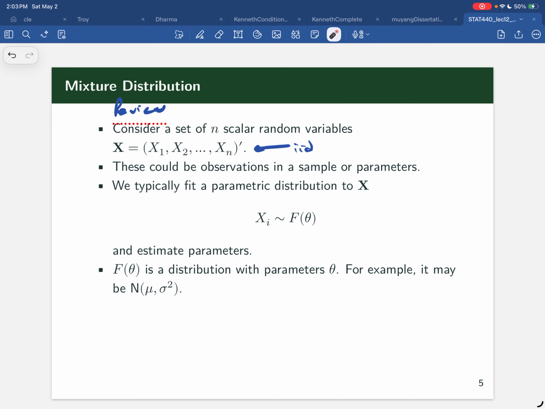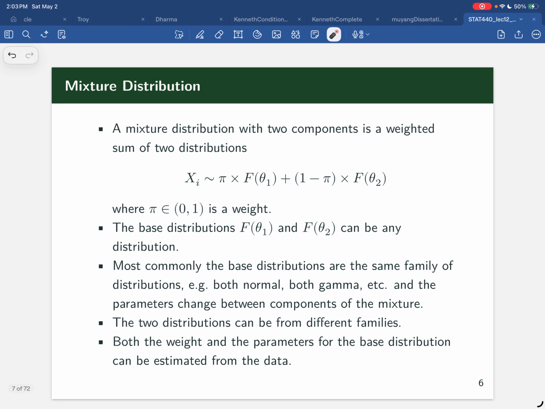Okay, so what is a mixture distribution? Here we're going to focus on the particular case where we've got just 2 components, just to make things simple.